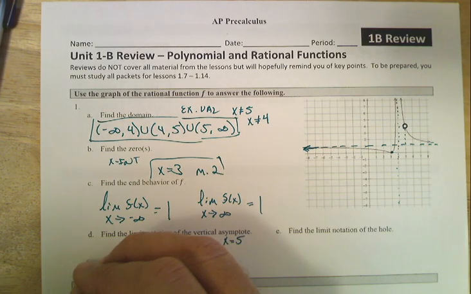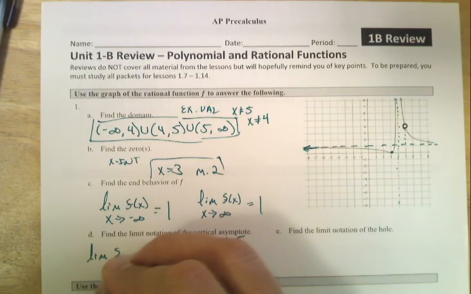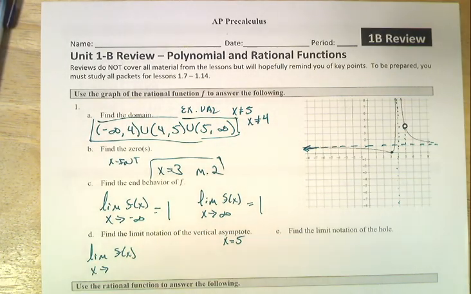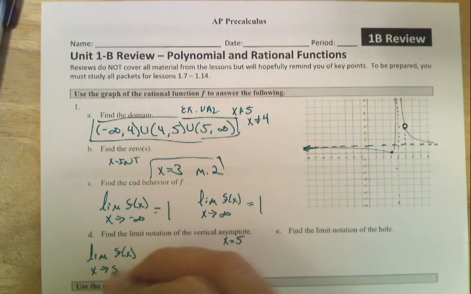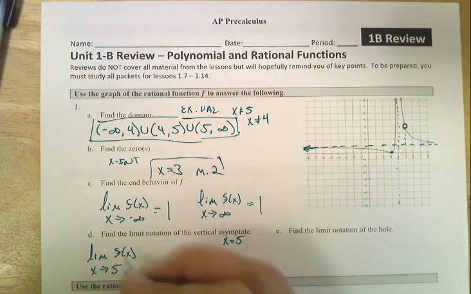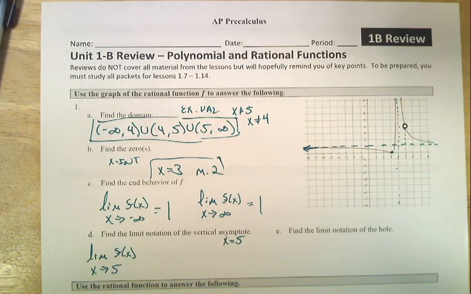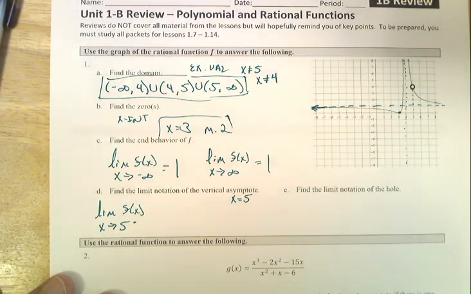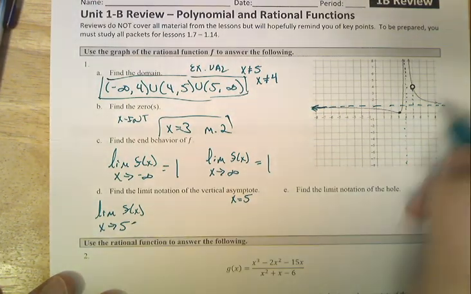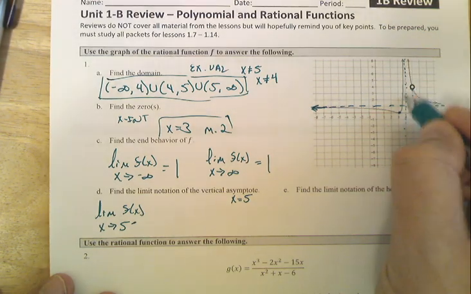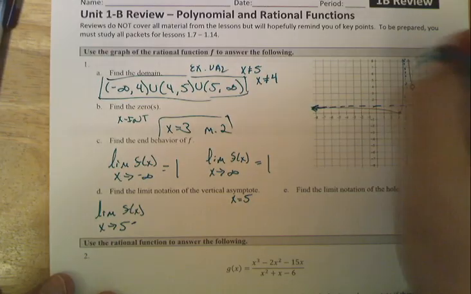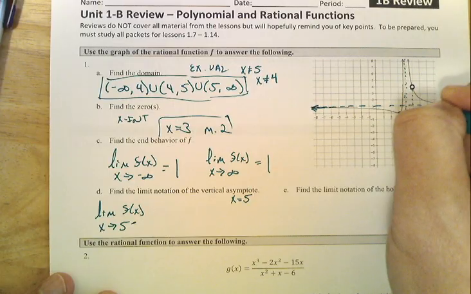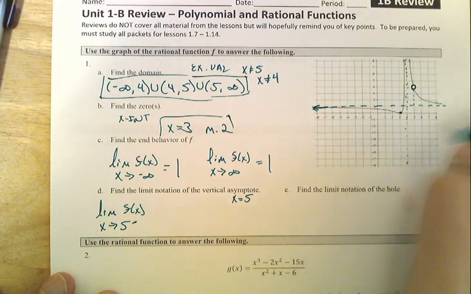So we need to know what is happening to the function as x approaches this excluded value, which is 5. And it matters, since this is middle behavior, we can approach it from either direction, either left or right. So let's check the left side first. So right here is that value, and as I approach this, 5, sorry, I read that wrong.